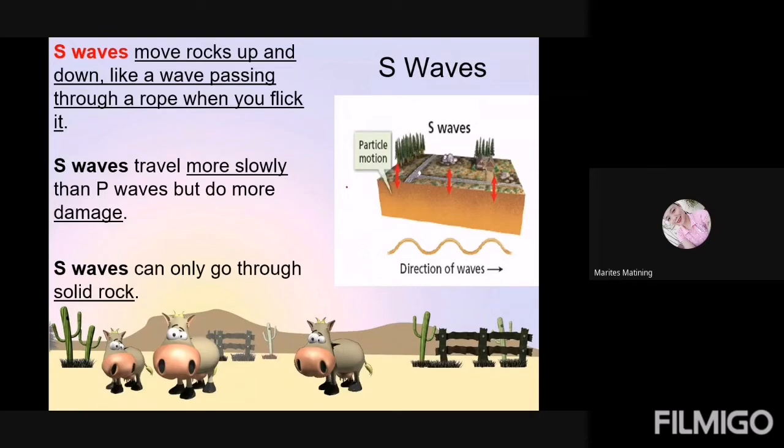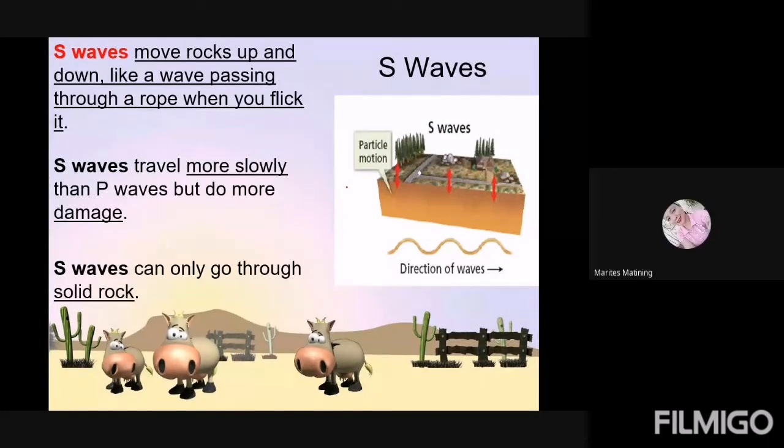How about their movement? Pag sinabi nating side to side, back and forth, kanino yon? P waves po yung back and forth. Oh, side by side or back and forth, P waves. Pag sinabi nating up and down movement of rocks, S waves.